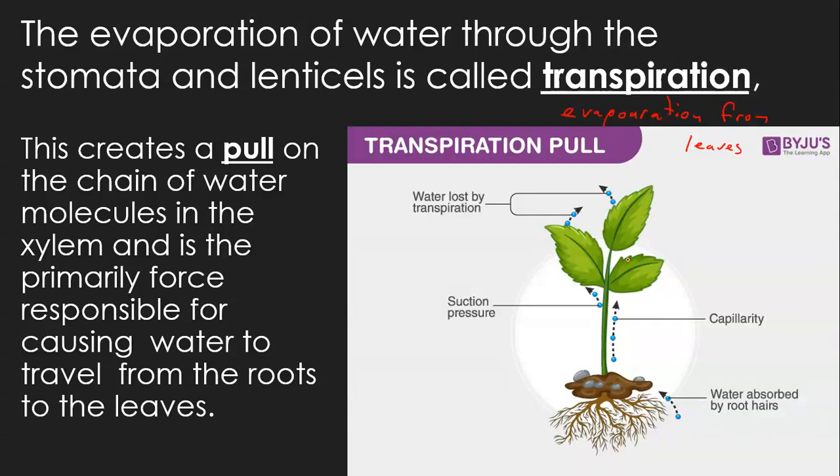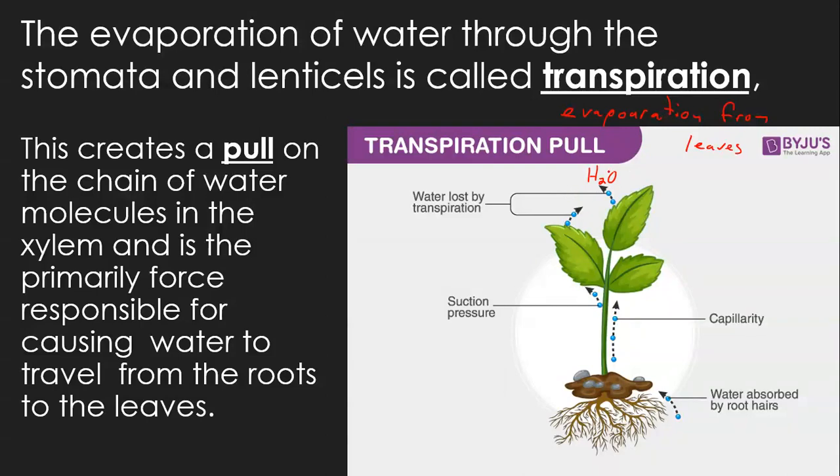Remember, when stomata are open, not only does carbon dioxide enter the plant and oxygen leave the plant, but water also leaves the plant. Okay, and that's known as transpiration. So water molecules are leaving the plant through transpiration.